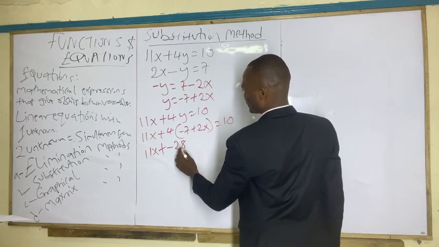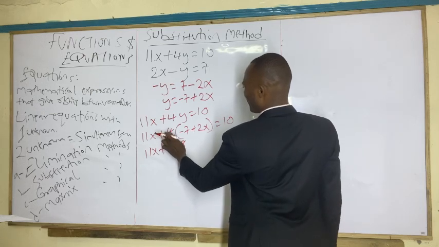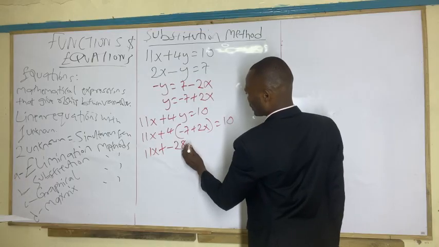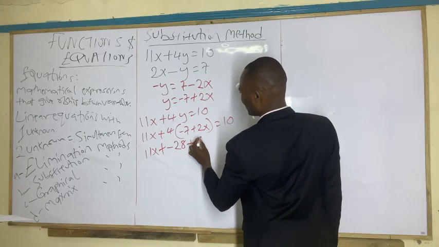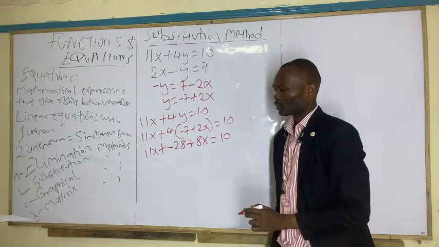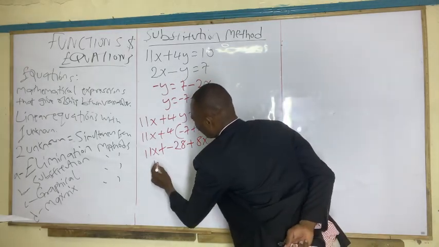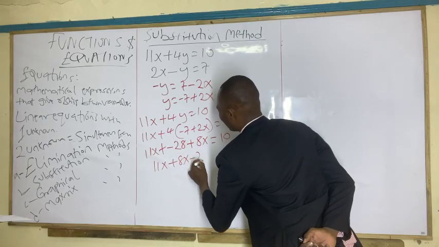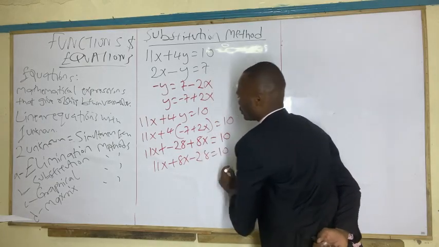Positive times negative 28, and then plus 4 times 2, positive, so that is a positive. 4 times 2 is 8x is equals to 10. Hope you are clear. Then we take the like terms. 11x plus 8x minus 28 is equals to 10.